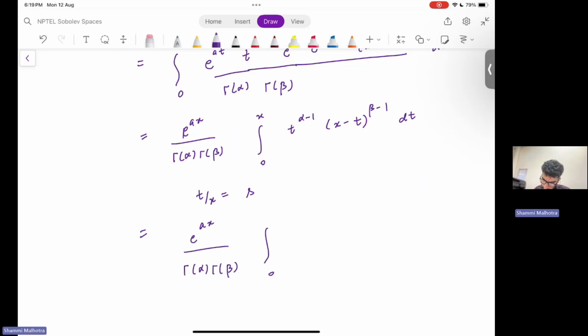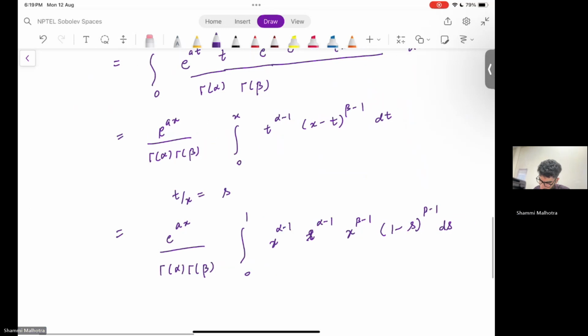This is 0 to 1, x^(alpha minus 1) s^(alpha minus 1), x^(beta minus 1) (1 minus s)^(beta minus 1) ds. And then there's an x as well, so it's actually x ds.